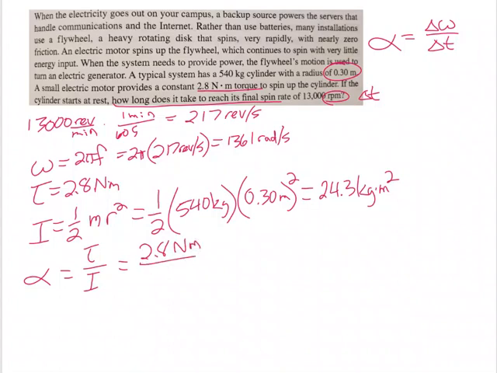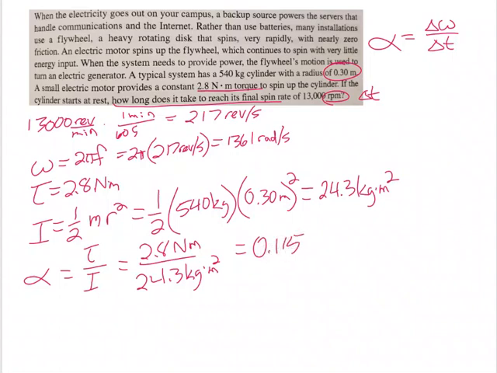Moment of inertia, we just calculated 24.3 kilogram meters squared. What do we get? 0.115226. Okay, so I'll write down 0.115.